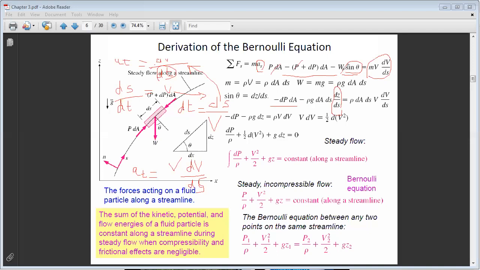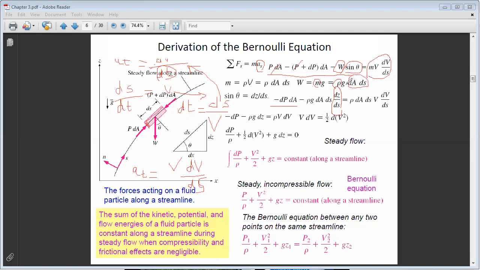And for the weight, what is the weight of this element? The weight of this element is its mass times g. And since I am considering an elementary element here, the mass is equal to rho times the volume. And its volume is dA, the elementary area, times dx. So I can replace m by rho times volume, which is dA dx.